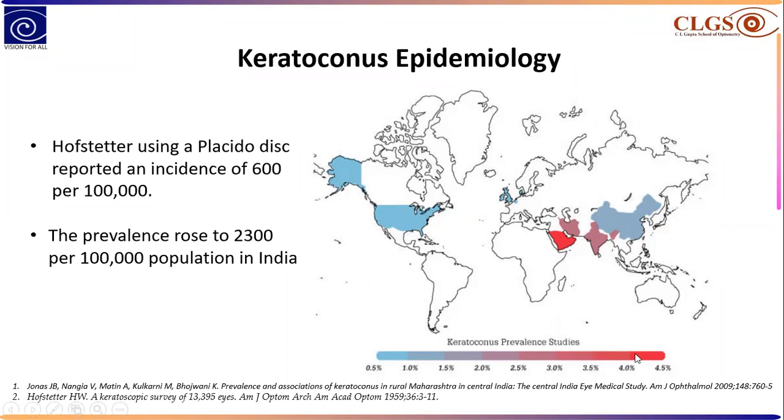The more red, the higher the prevalence. India comes under 2.5 to 3% prevalence. If you think about the population of India, which is very high, the number of people suffering from keratoconus is quite high. Almost every study has reported a high prevalence in the Middle East countries, like the Gulf countries, which have the highest prevalence of keratoconus.